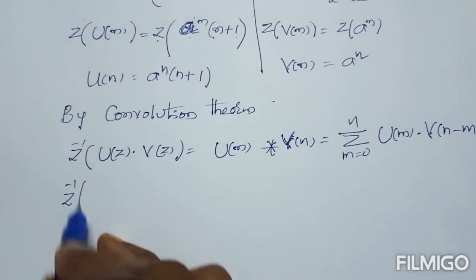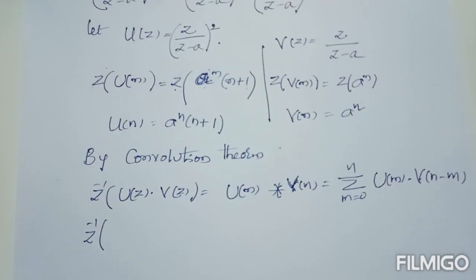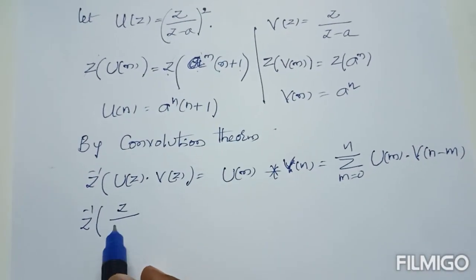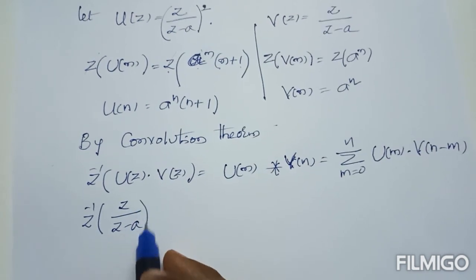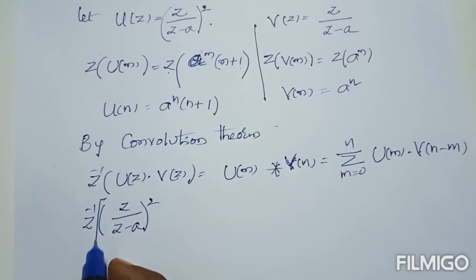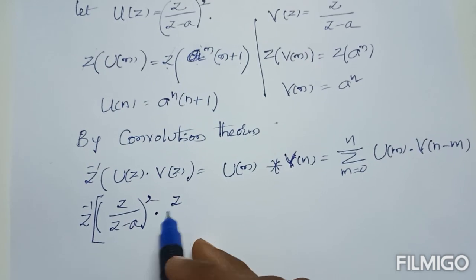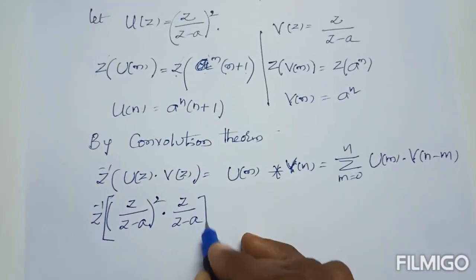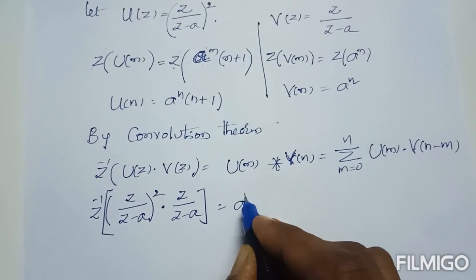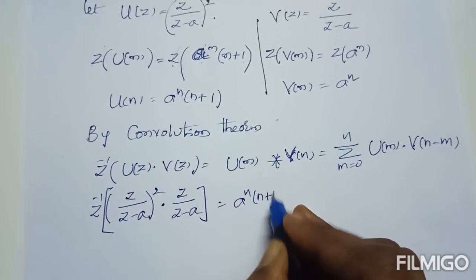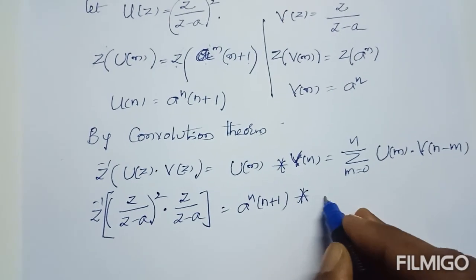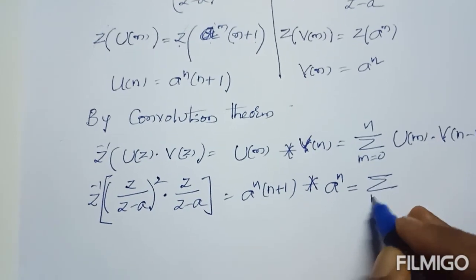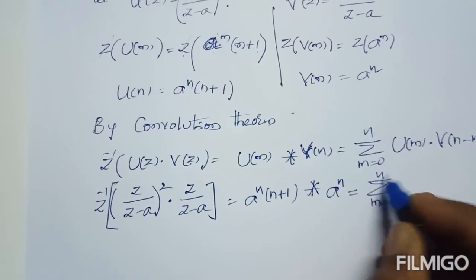Z inverse of, in the present given question, u of z is z by z minus a whole square into v of z is z by z minus a. According to this, u of n is a power n into n plus 1 star v of n is a power n, that equals summation of m equals 0 to n.